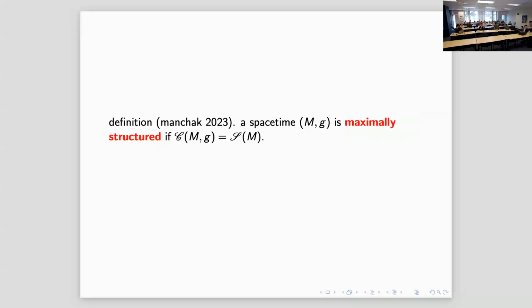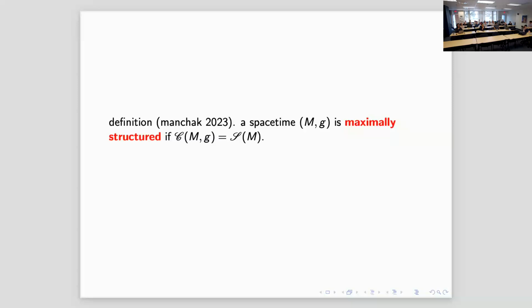Okay, so now my definition. What's the next level of the hierarchy? Well, it's this definition. A spacetime is maximally structured if the collection of all curvature functions, scalar curvature functions, just is the collection of all smooth functions. So you give me an arbitrary smooth function, I don't care where it comes from.